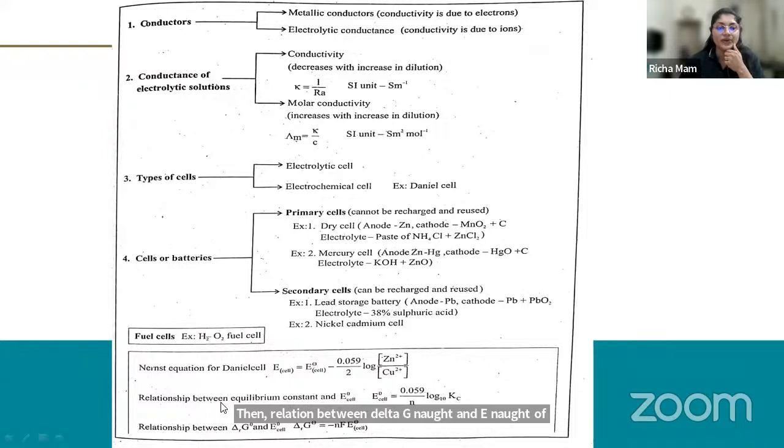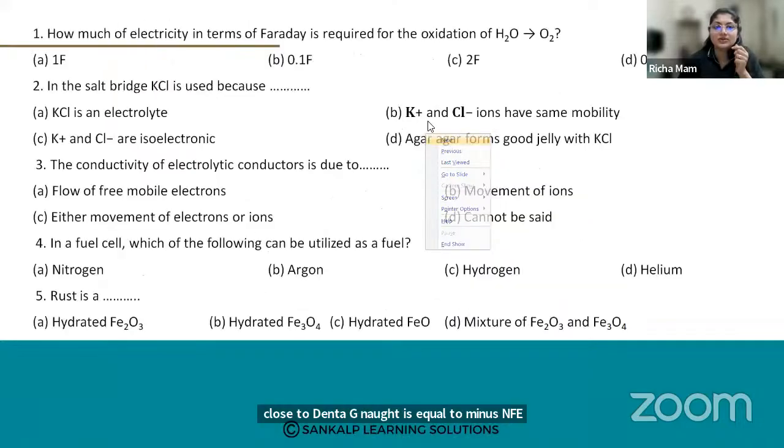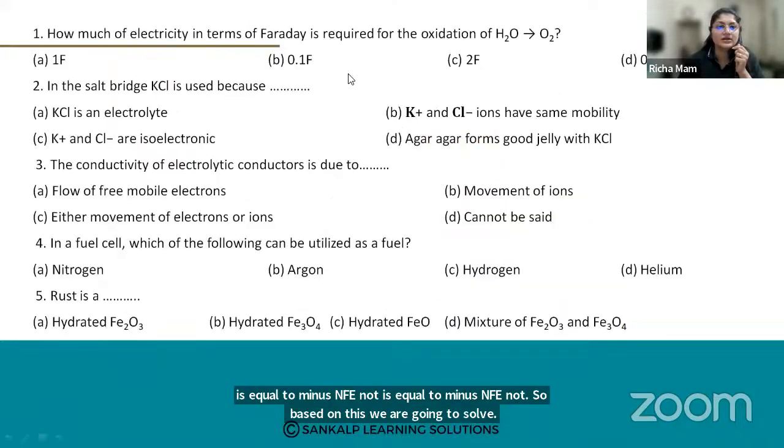Based on this, we are going to solve the questions. These were some of the basic things.